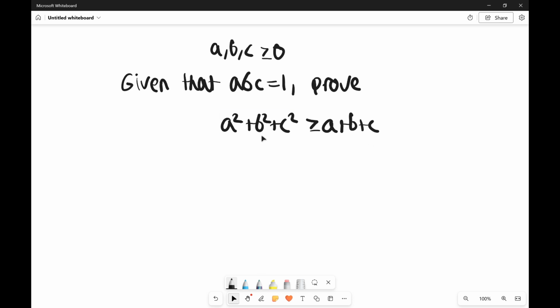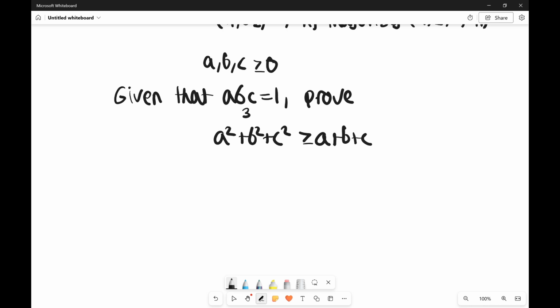This side already has degree 2, so we just need to multiply this by something of degree 1 and we're set. And this is of degree 3, so this is 3, 2, and 1. So we need to multiply this by 1/3 of 3. And this immediately gives the cube root of abc. And this cube root of abc is equal to 1, so it doesn't change it.